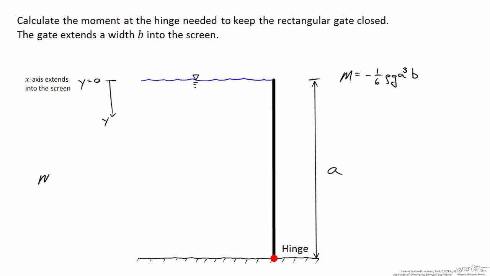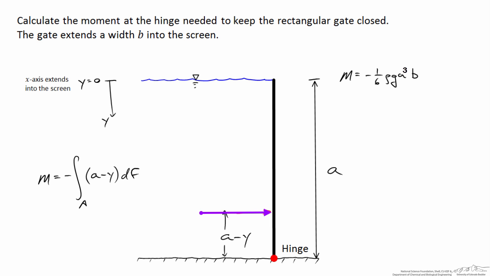I can also calculate the moment by integrating directly. So if I say the moment is, I'll use again the negative sign for a clockwise moment, negative times some distance, a minus y. So if I've got a force that's acting a distance y from the surface of the water, I've got a distance a minus y above the hinge. So I'll say the integral of a minus y times differential force.